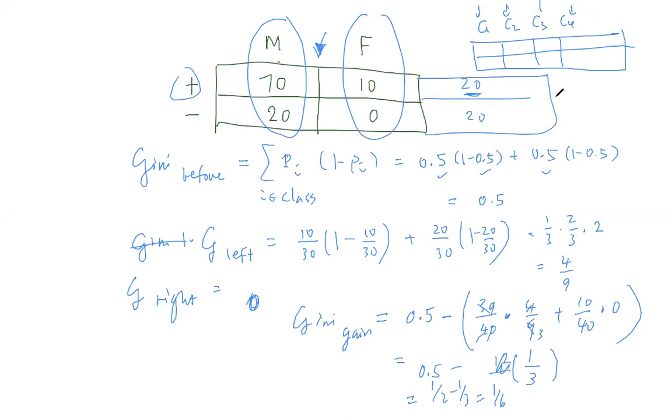You just extend the table: instead of having 2 by 2, you extend it like this, and the calculation will be similar. So that's the case when you have more than two categories. So that is the part about the splits.